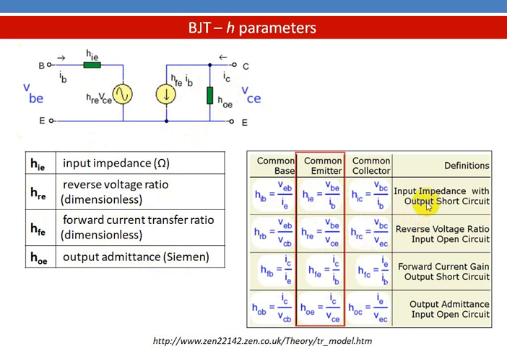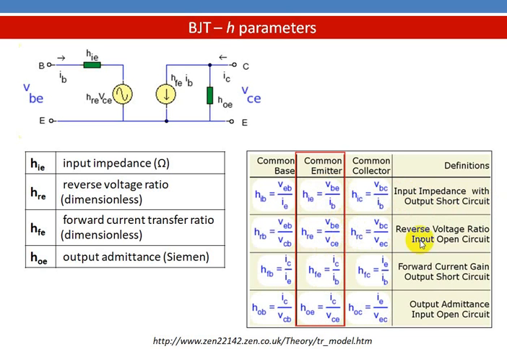So here the first HIE and HFE, we can measure these two parameters by short circuiting the output terminals. Whereas the HRE and HOE we can measure by open circuiting the input terminals. So first parameter HIE, short circuit output, measure VBE and IB, obtain this ratio.